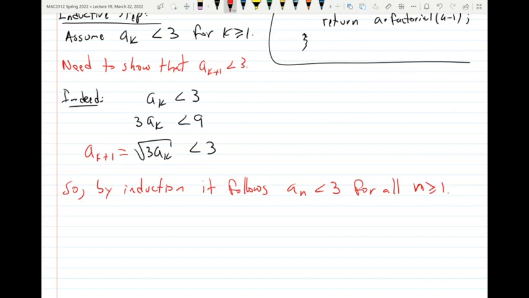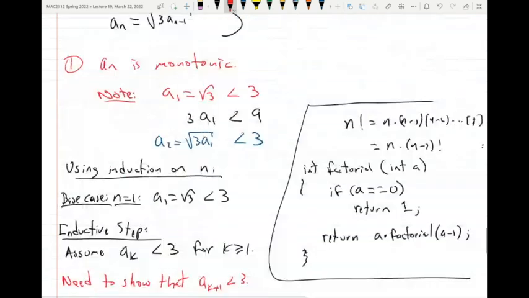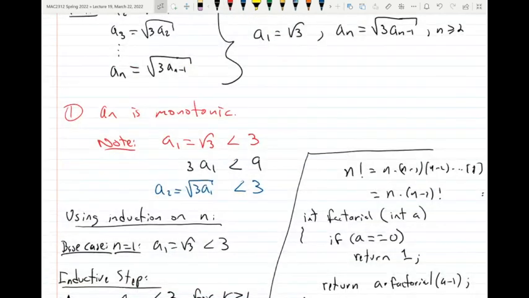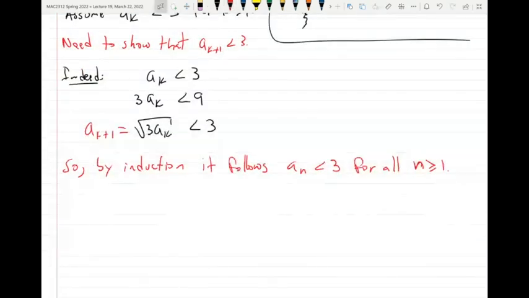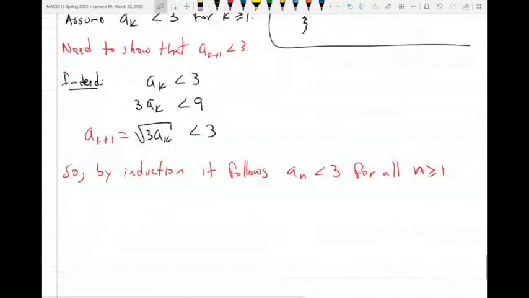All right. So what this is telling me is that this sequence is bounded. Okay? It's bounded above by 3. I said I was going to show monotonicity, and that's not what it did. So I would say it's bounded. To show monotonicity, I need to compare one term with another. Okay, so actually this was the hardest part. So we showed that it's bounded above by 3, and therefore once we put it with monotonic, it's going to be bounded below by the square root of 3.